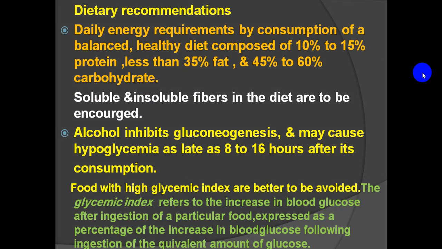Dietary recommendations. In diabetes mellitus, consumption of a balanced healthy diet is recommended. And according to this balanced diet, dietary energy requirement is met by consumption of a diet composed of 10 to 15% protein, less than 35% fat, and 45 to 60% carbohydrate.